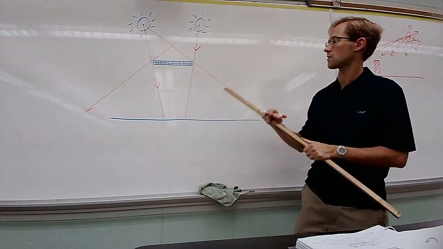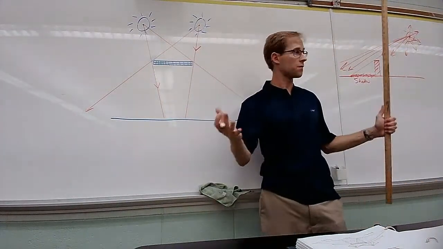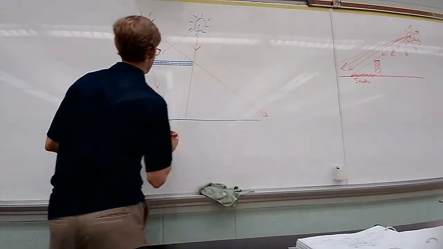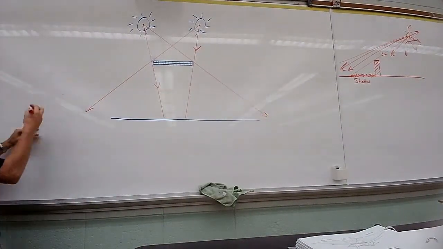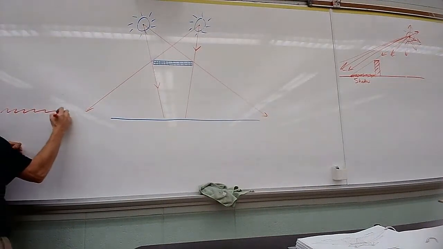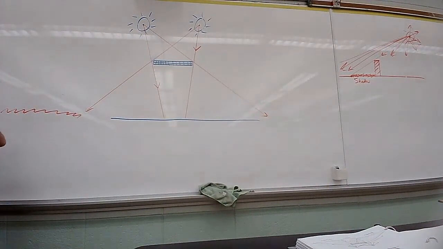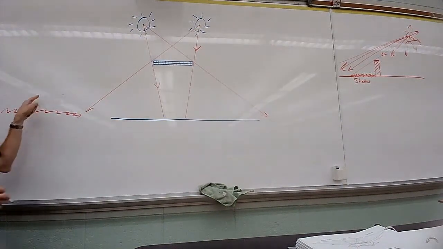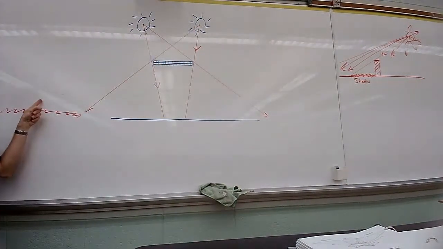And we have this nice little pattern here. So we have to ask ourselves, what's the importance of this pattern? So when we're looking at this area back here, do light rays from this light source make it here? Yeah. Do light rays from this light source make it here?